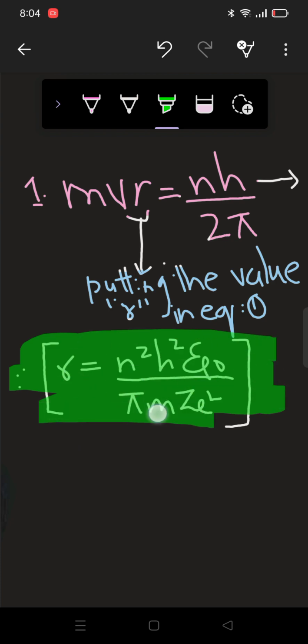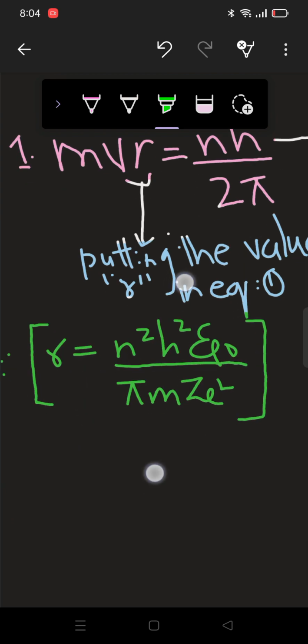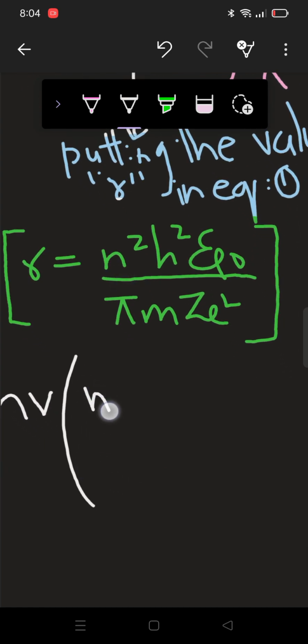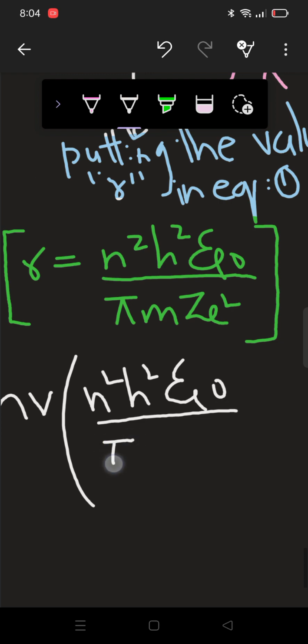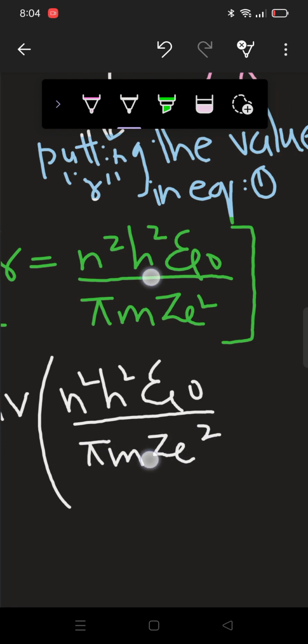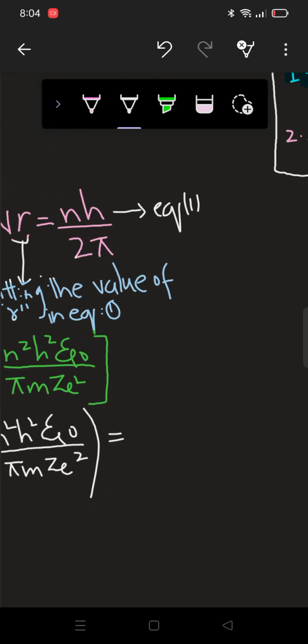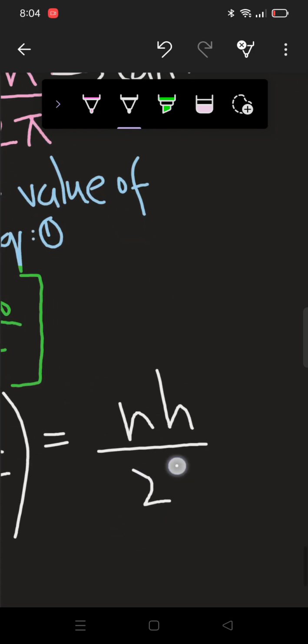Now let's put mv, instead of r putting its value, n square h square epsilon naught upon pi m z e square, is equal to nh by 2 pi, right?